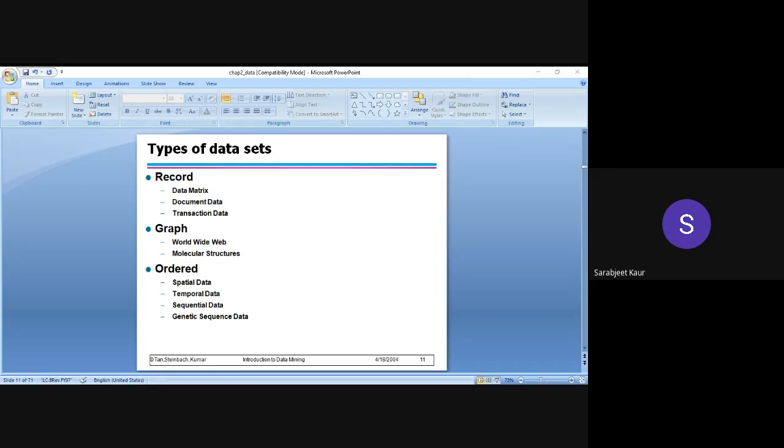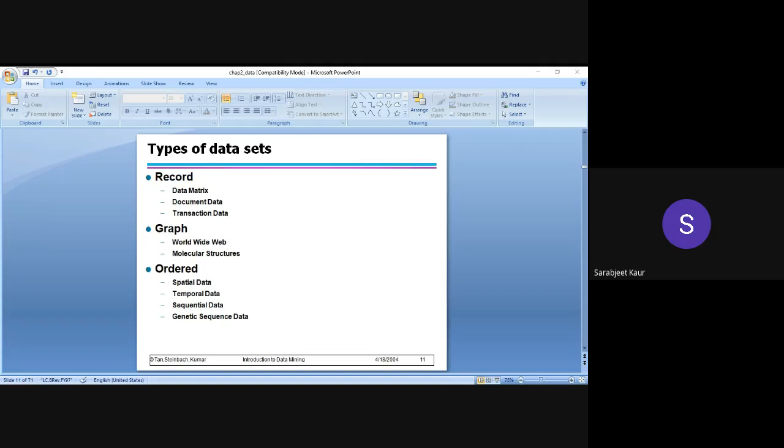so please see, as an example of the record data, this is the kind of data that we have already seen, if you remember, right? So as I said, each record, each row, is a record here, right? Now, as another example of the record data, let us look at a special kind of data which is known as a data matrix.